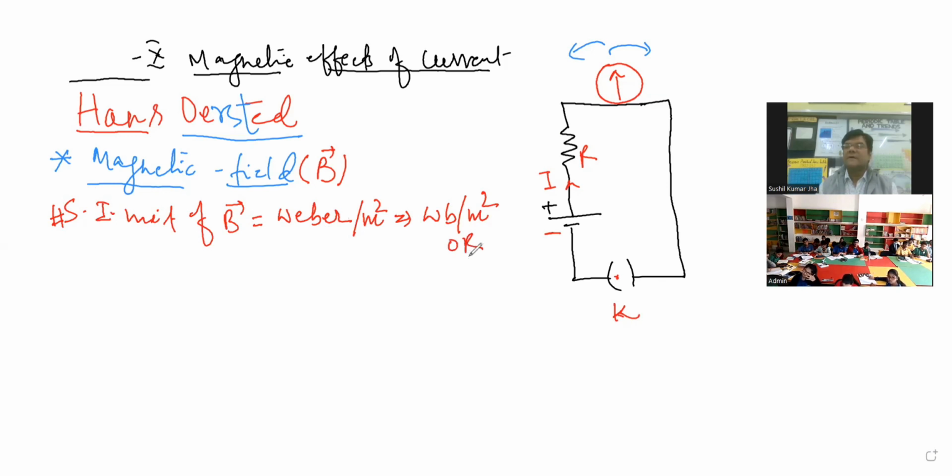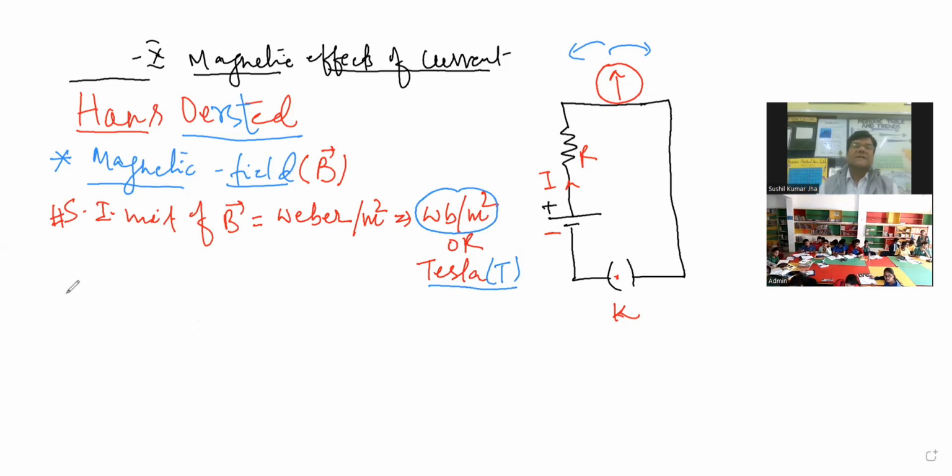And then we have another unit for this, which is called Tesla. The symbol for Tesla is capital T. So both are used as standard units, Weber per meter square or Tesla.